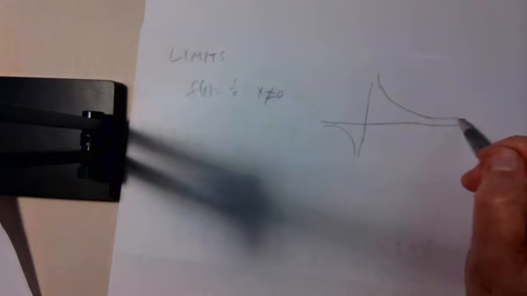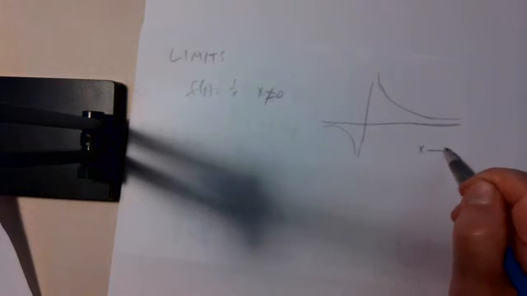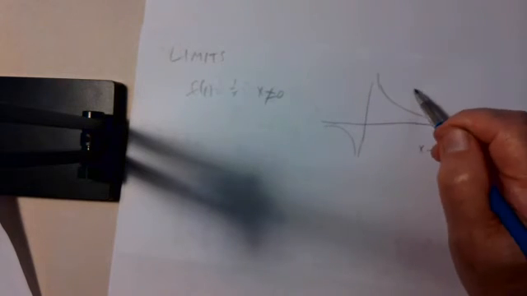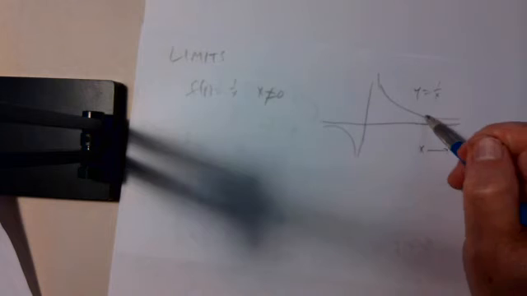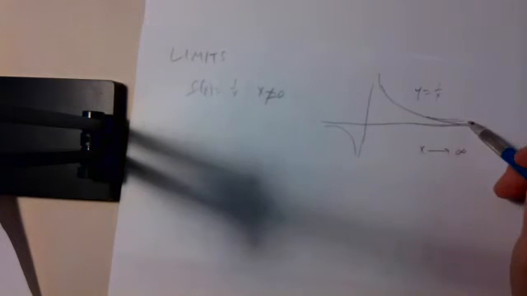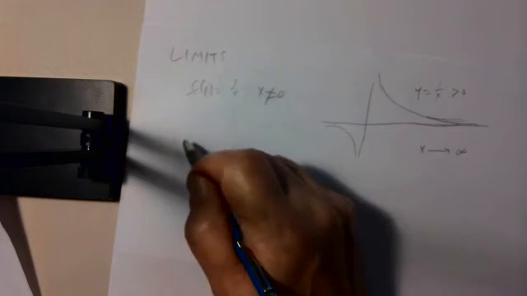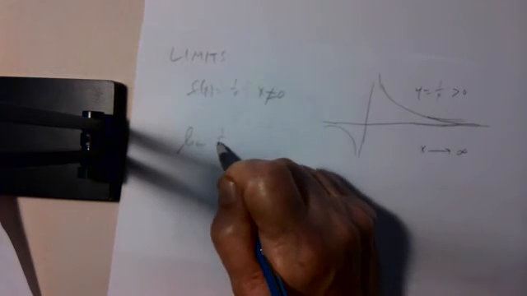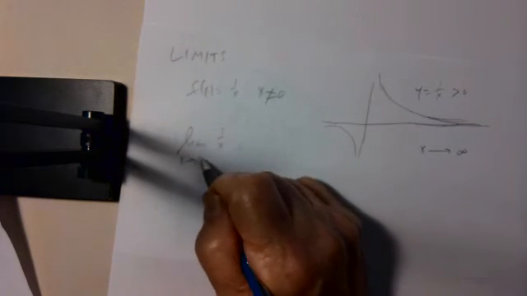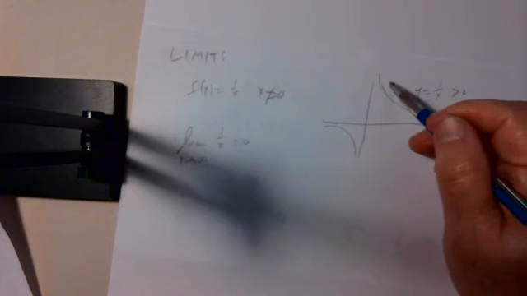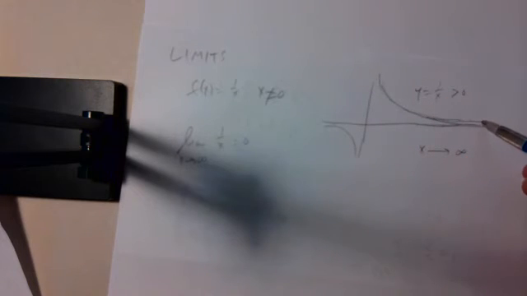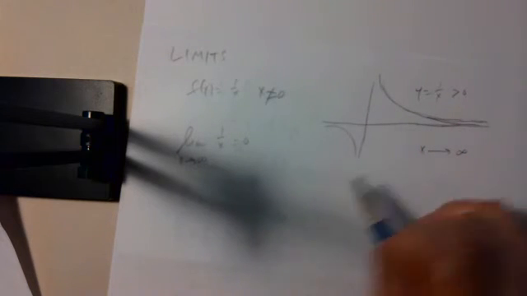And if you look at this graph, you see that as x goes to infinity, this is y equals 1 over x, it's positive, but it's approaching 0. So we would say that the limit of 1 over x as x goes to infinity is 0, because this curve is asymptotically approaching 0 as x goes to infinity.